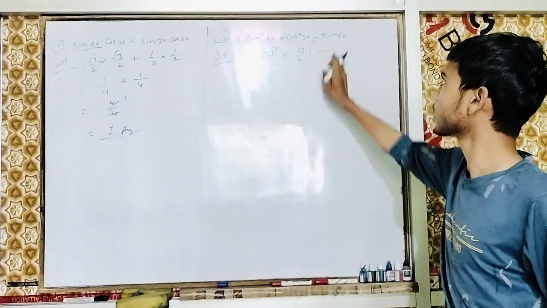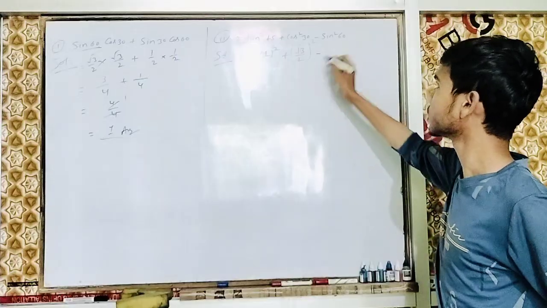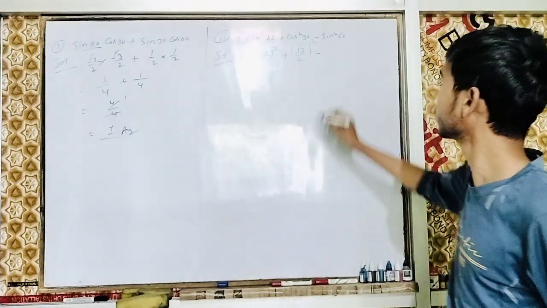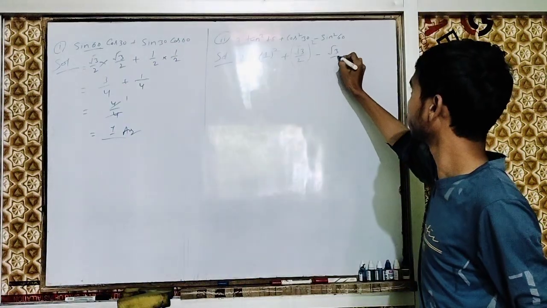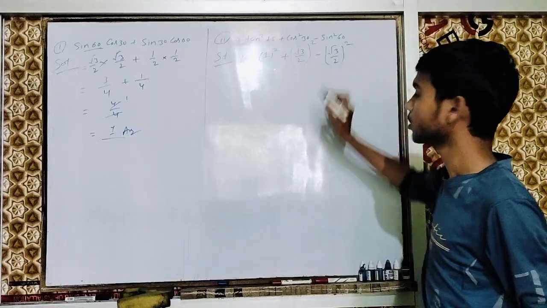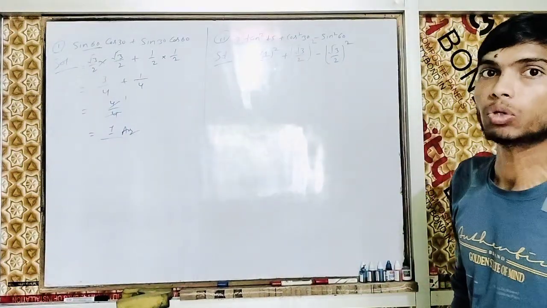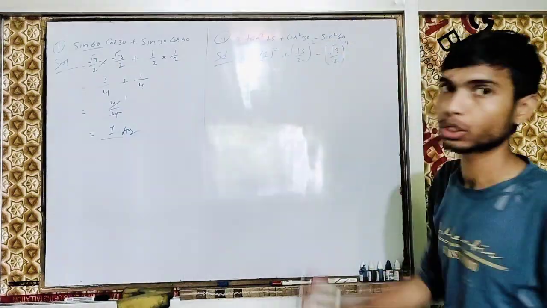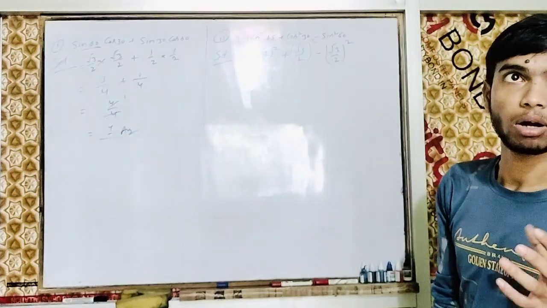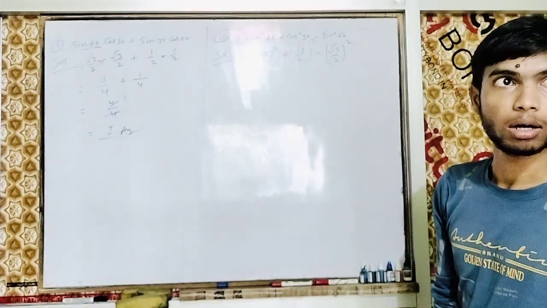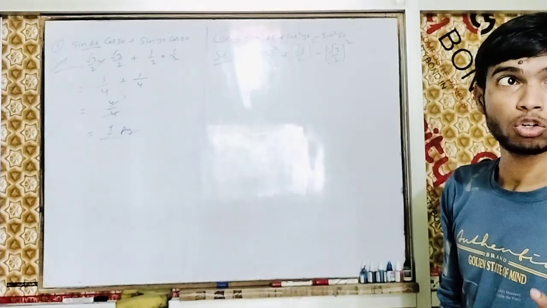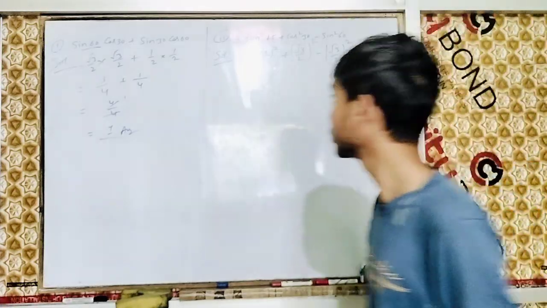Next, subtraction. Sin 60 is root 3 upon 2, and it is in a square. Now we have substituted the value of each trigonometric function. Now our work is to simplify this further.